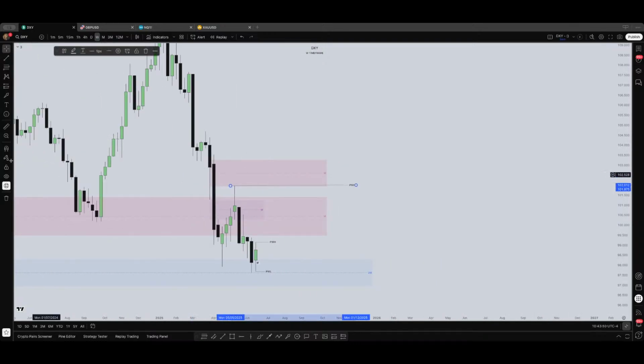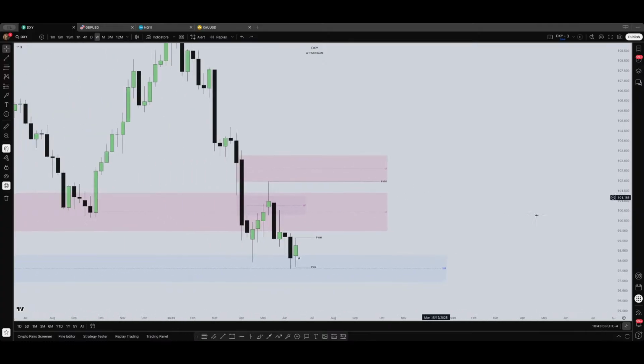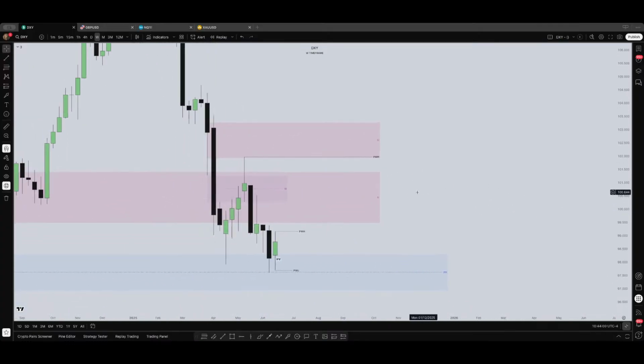I don't put it now because I need more information, but if you want to, it's also another option. So you have the previous month high. This was another previous month low, which price already took. So this liquidity down here was filled.